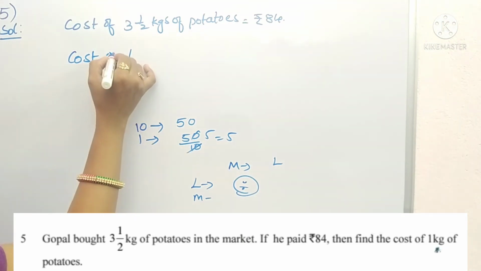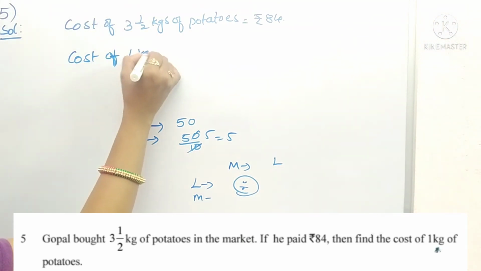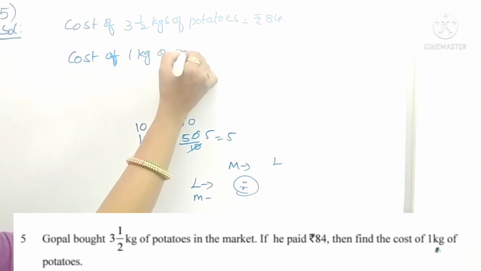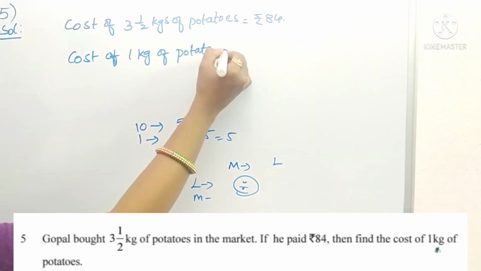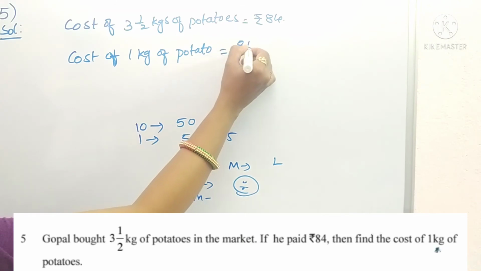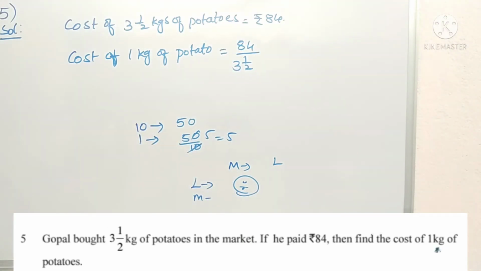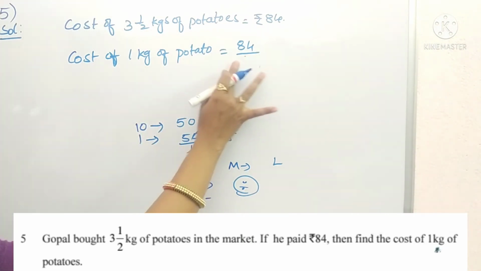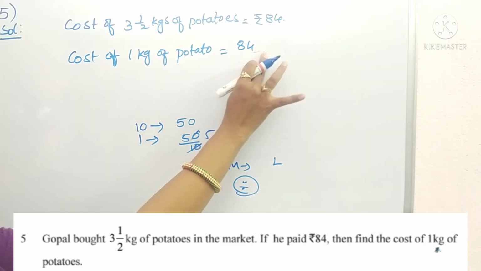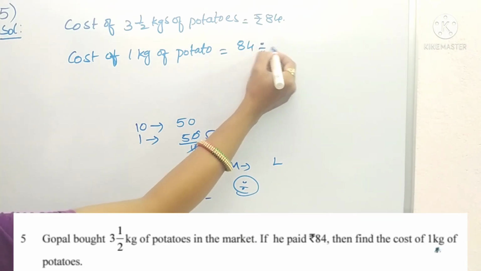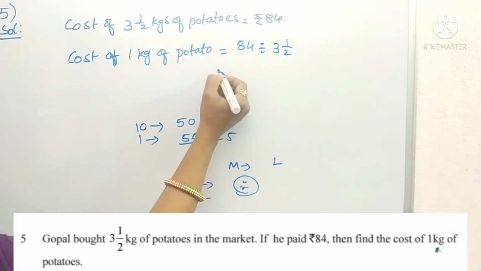So cost of 1 kg of potato is equal to 84 by 3.5. That's it. Or otherwise we can write like this: 84 divided by 3.5.